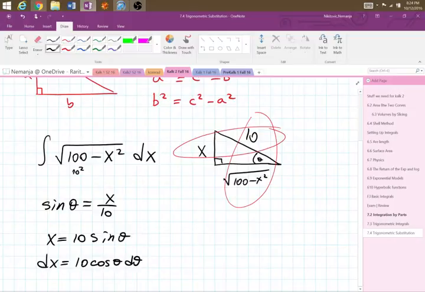Let's review this one more time. Once you have your triangle with all three sides populated with values, you will write either sine, cosine, tangent, or secant. You will write a trigonometric function utilizing the side with a number with whatever other side, and then go back to the side with a number with the other side.